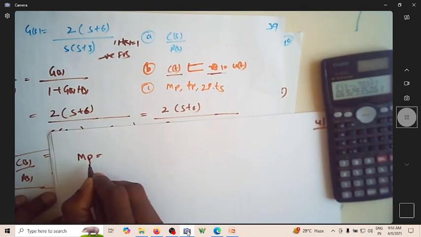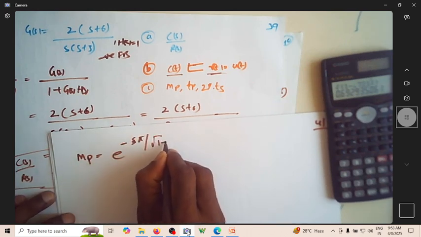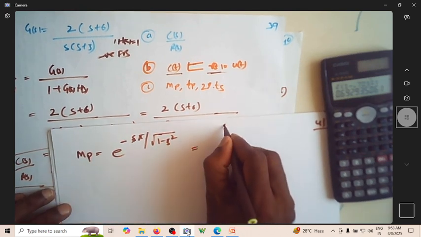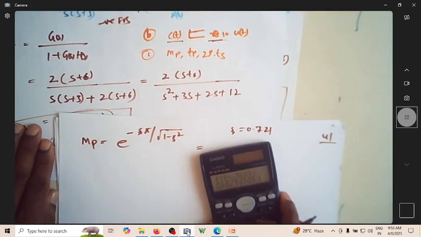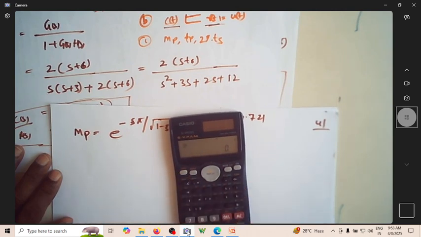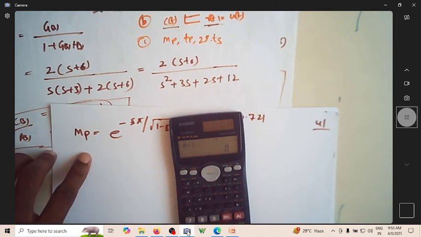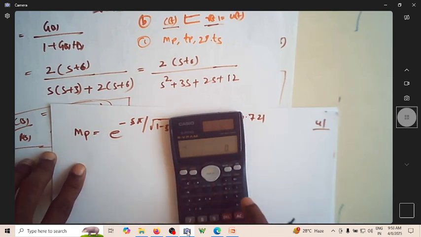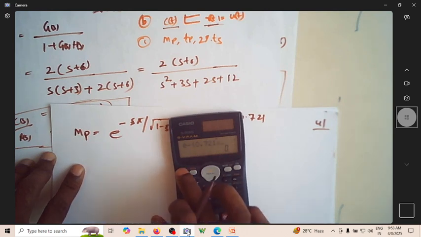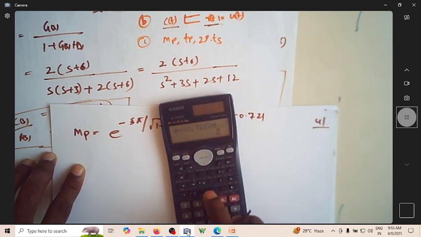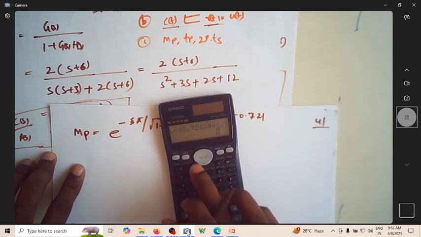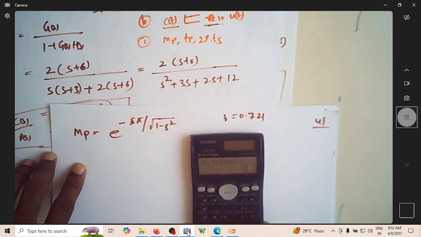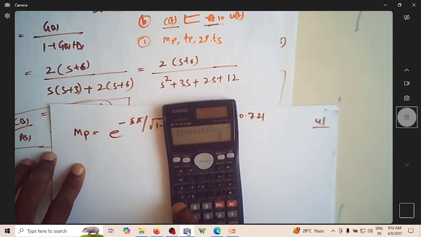For Mp it is e power minus zeta pi by root of 1 minus zeta square, and since zeta is 0.721, you can write exponential minus 0.721 into pi divided by the root of 1 minus 0.721 whole square.